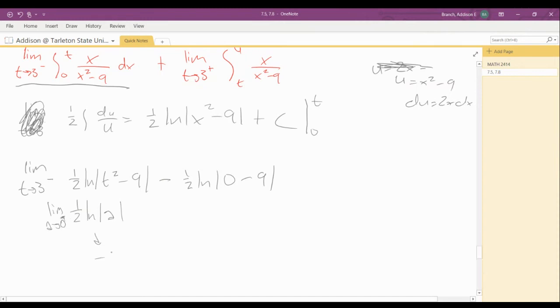That's going to be equal to negative infinity minus 1/2 natural log of 9. Therefore, it's going to be divergent. Therefore, the whole thing is going to diverge because that part diverges.